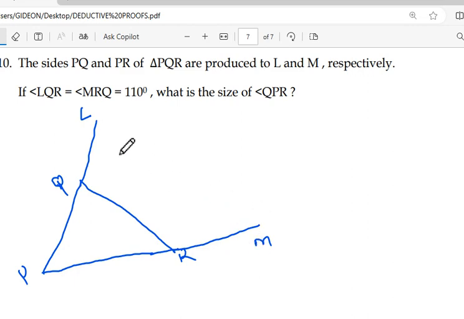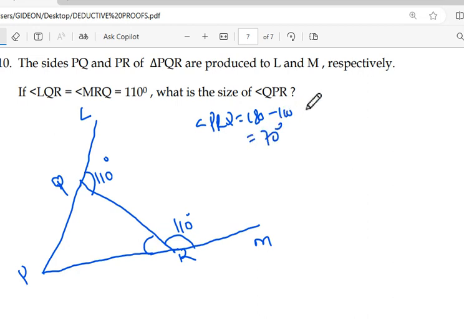So if angle LQR is equal to angle MRQ, so this angle is equal to this angle, which is equal to 110. So this is 110 degrees. This is also 110 degrees. So what is the size of angle QPR? This looks like an isosceles triangle. So if this is 110, then angle PRQ is equal to 180 minus 110. That's 70 degrees.